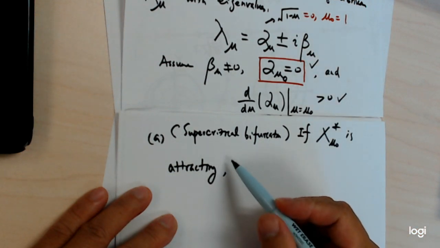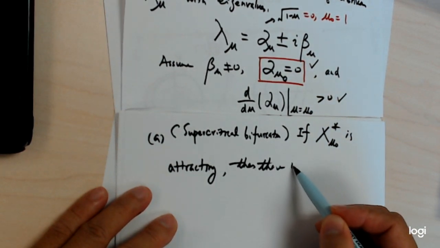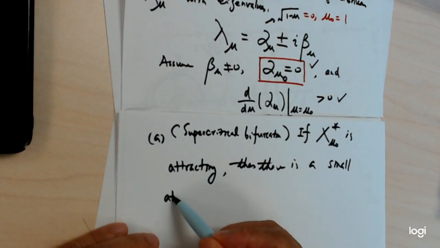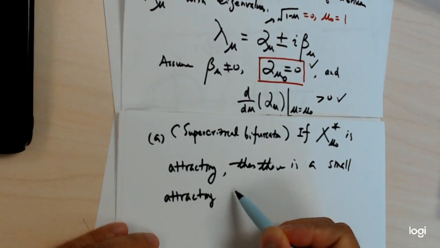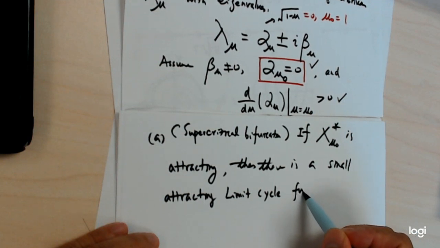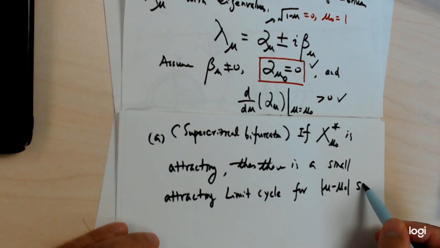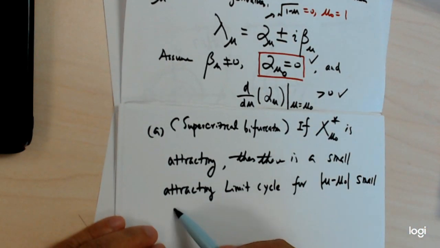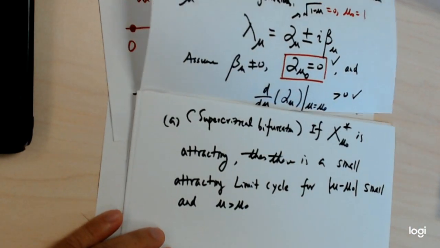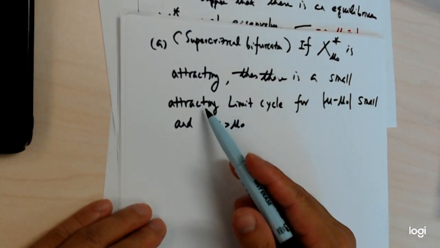If this is attracting, then there will be a small attracting limit cycle showing up around this critical number, for mu minus mu naught small and mu bigger than mu naught. So when mu crosses over mu naught, you will have an attracting limit cycle.